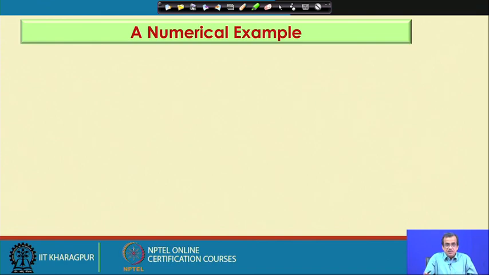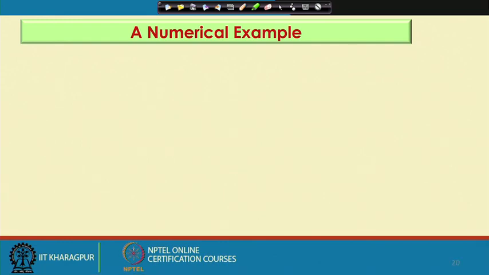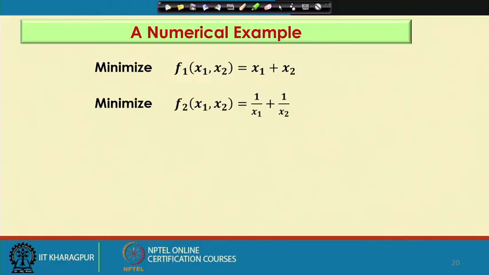Now, I am going to discuss this algorithm with the help of one numerical example. Let us see how it works. Supposing that I have a two-objective optimization problem.